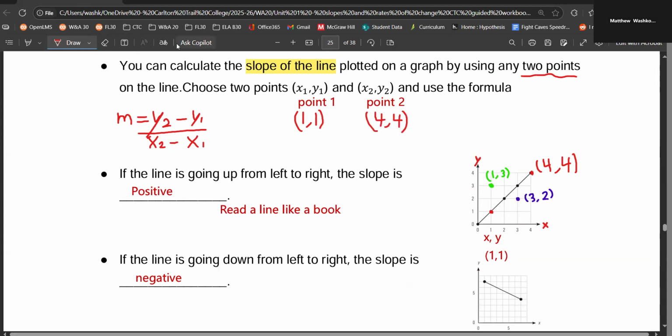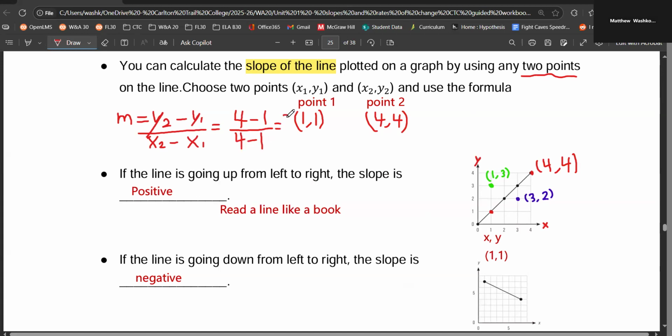Okay, cool. So I have 2 points. So all I got to do is substitute this in. Now, my y2, think about this. These are my y coordinates, my 1 and my 4. The y2 is the second y we found, which was 4. So it's 4 minus my first y, which is 1, divided by my second x, which is 4 in this case as well, minus 1.